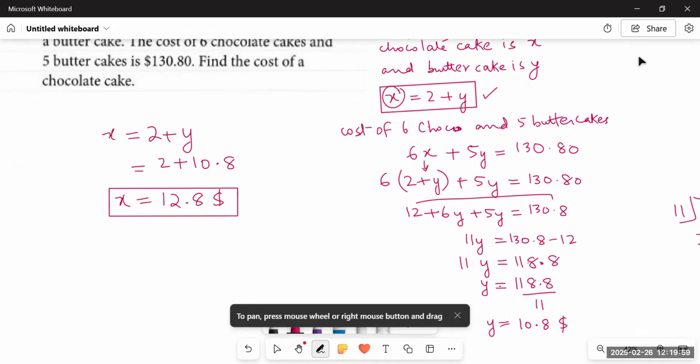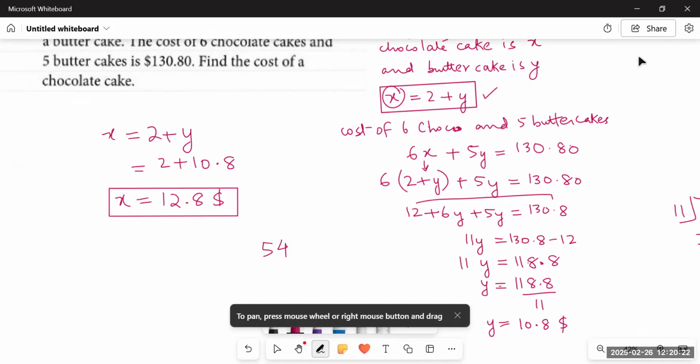And when you multiply 10.8, since there are 5 butter cakes, we will multiply 10.8 with 5. We will get the answer as 54. It means the total cost of 5 butter cupcakes or butter cakes is $54.